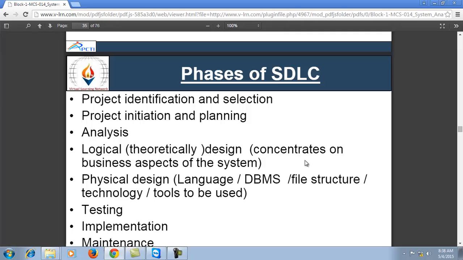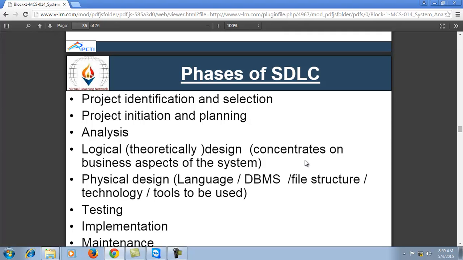Let's explore project identification and selection. See, different phases of SDLC involve lots of work on the part of the system analyst, which helps them to reduce the shortcomings in the proposed system or software.